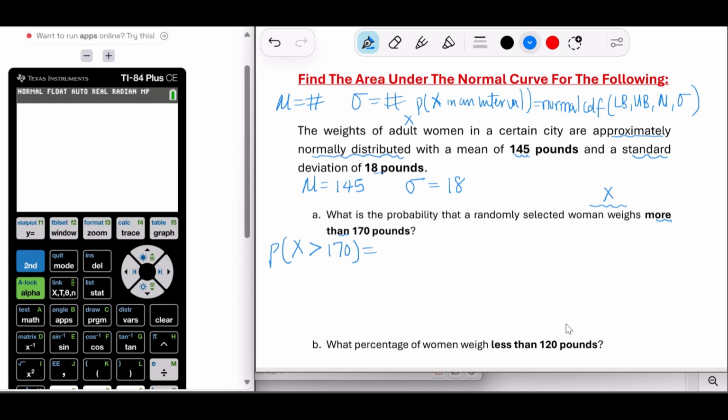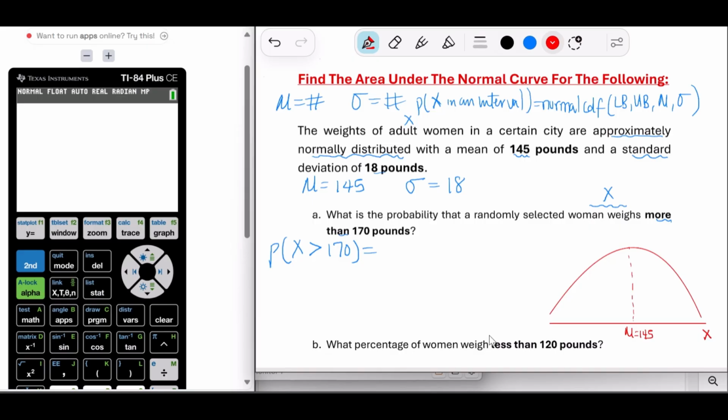Now, to use the normal CDF approach, we need to draw the normal curve. So here we have this normal curve. Don't forget, our random variable is x. And here we have the center, which is the mean, equal to 145.